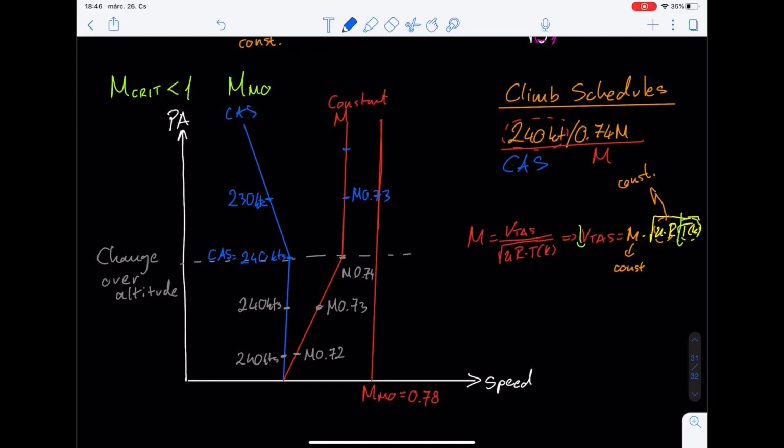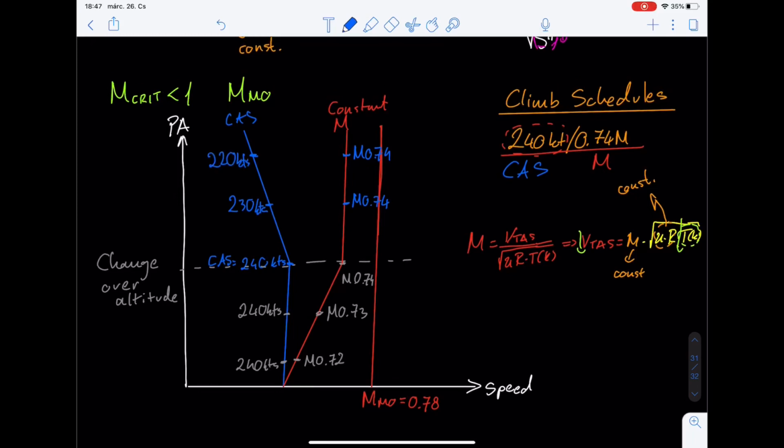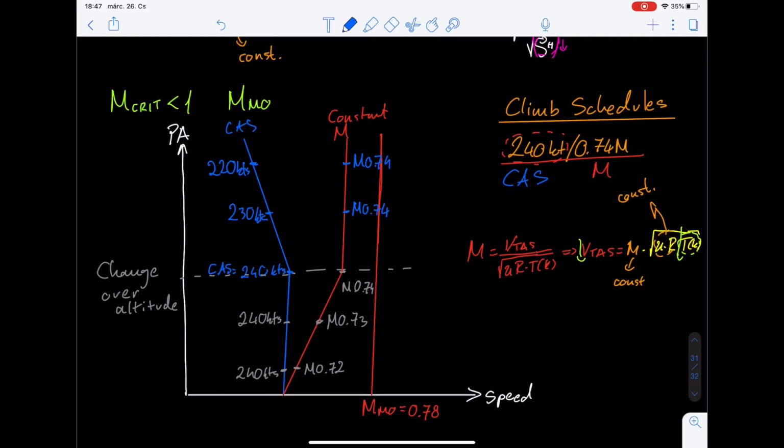Let's say at this higher point we're going to have Mach 0.74 still. Sorry, this one was 0.74. Just a very quick correction. And this one would be calibrated 220 knots, let's say. Right, so I hope this makes sense.